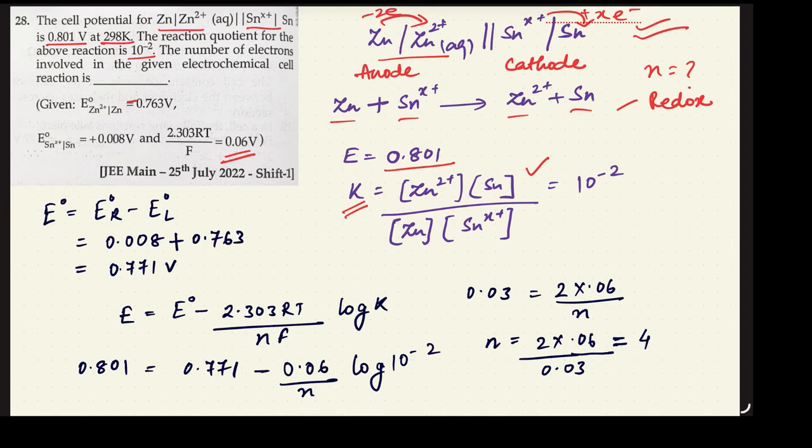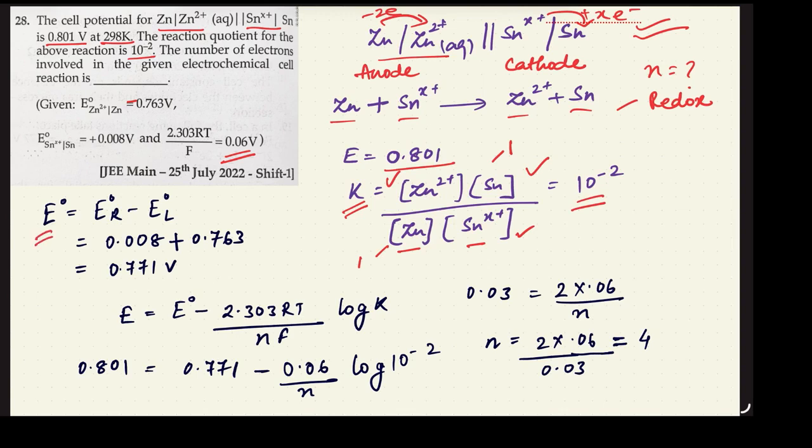Now what are the reactants? Zinc and tin ion are the reactants. Concentration of metallic tin is 1, concentration of metallic zinc is 1, and the reaction quotient is the ratio of zinc ions and tin ions which are present in the solution, which is equal to 10 to the power minus 2. This is given in the question.